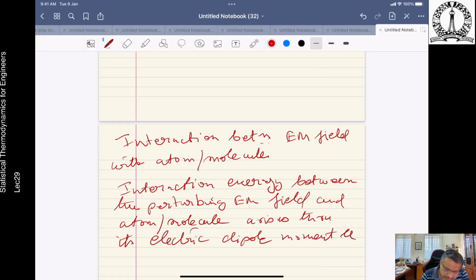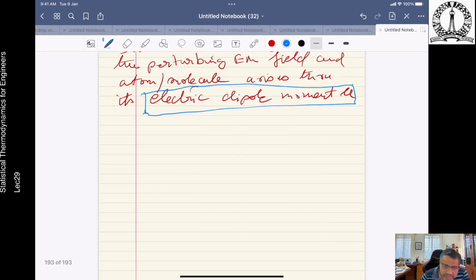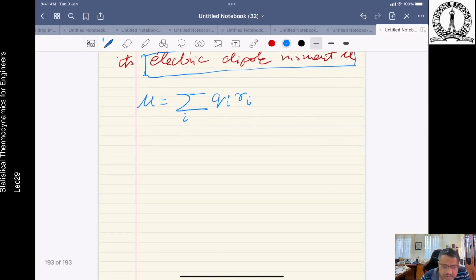In other words, mu will be equal to the summation over Qi Ri.